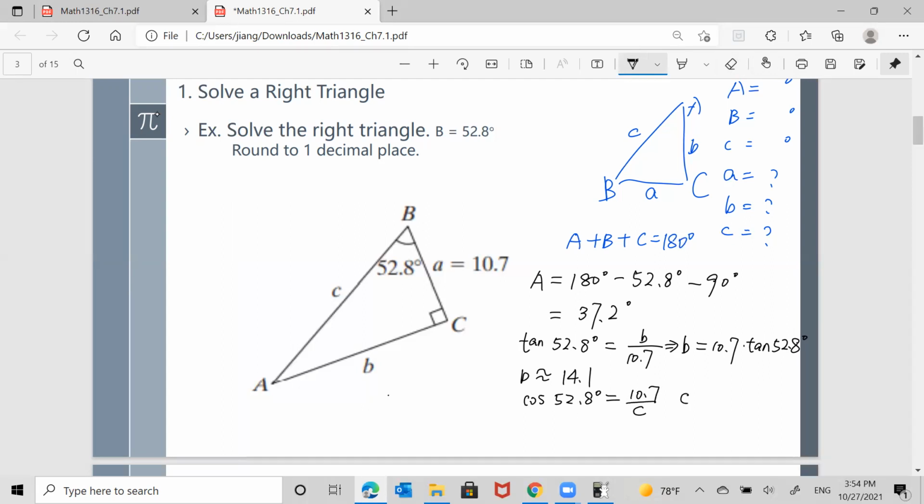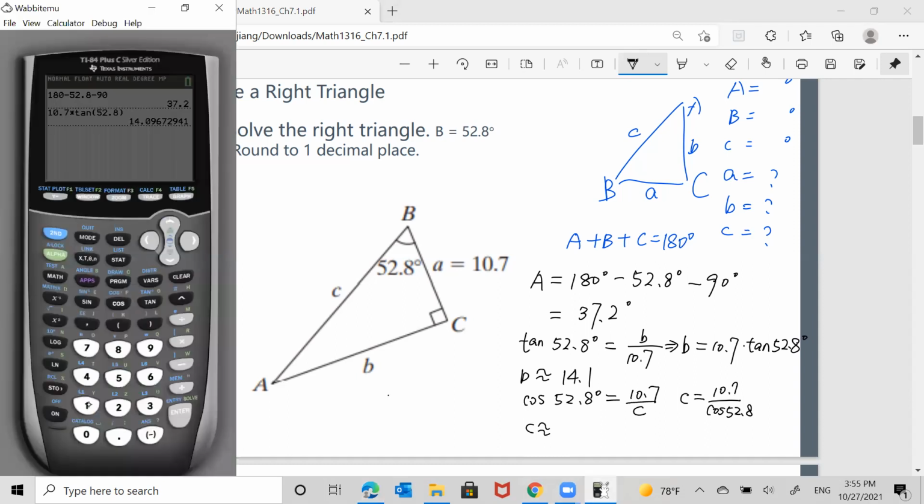So c equals 10.7 over cosine 52.8. So c is about 10.7 divided by cosine 52.8, close the parentheses, 17.69.